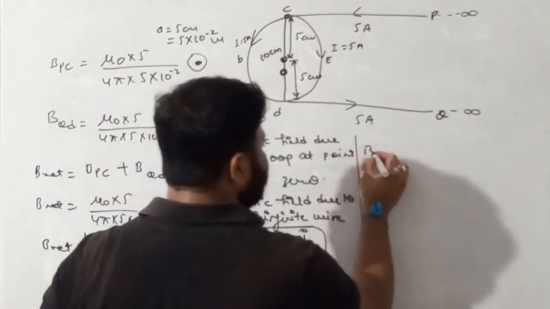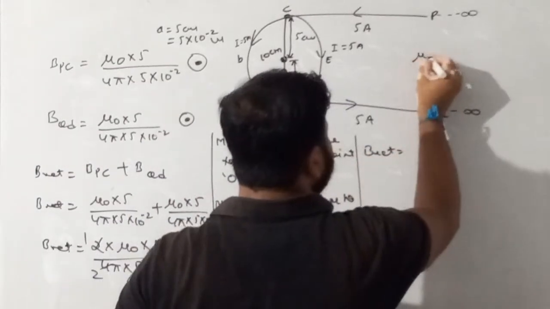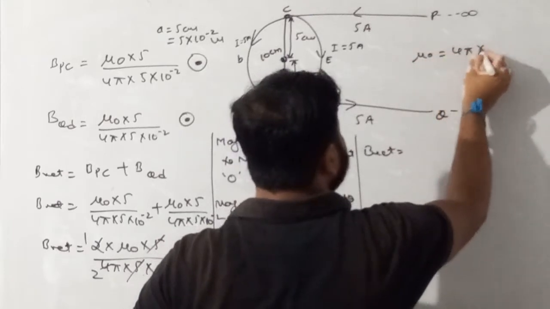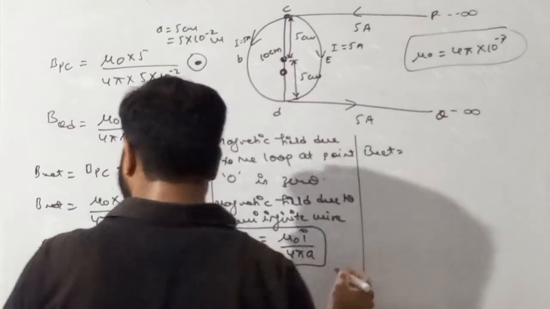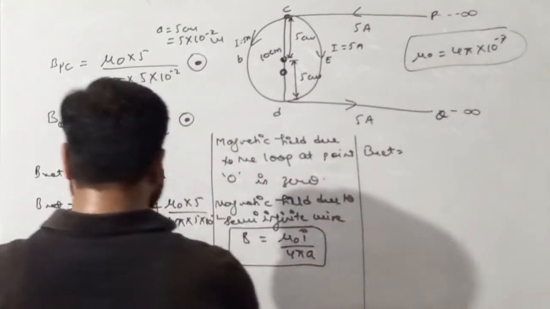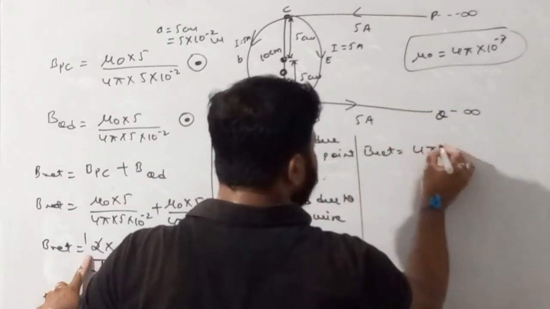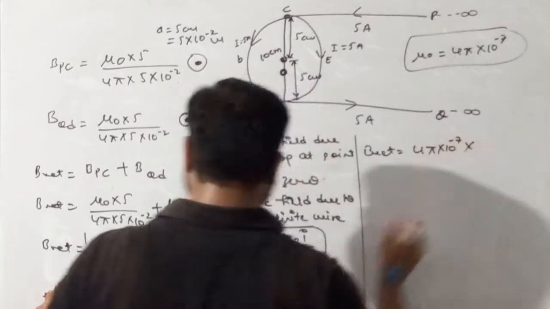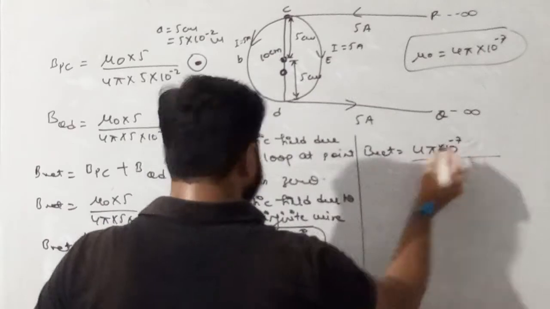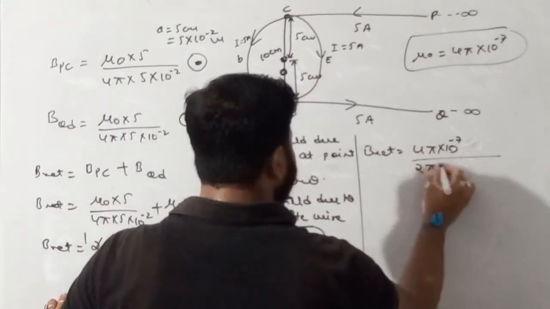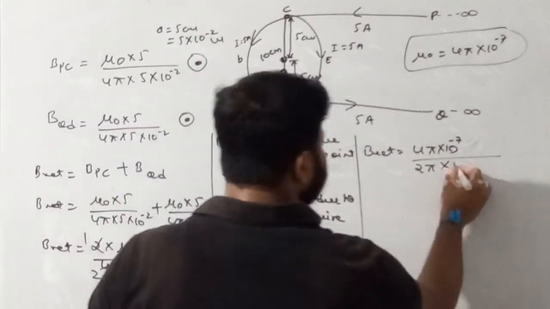So B net is equal to, instead of mu naught we can write 4 pi into 10 raised to the power minus 7, divided by 4, pi is there, multiplied by 10 raised to the power minus 2.